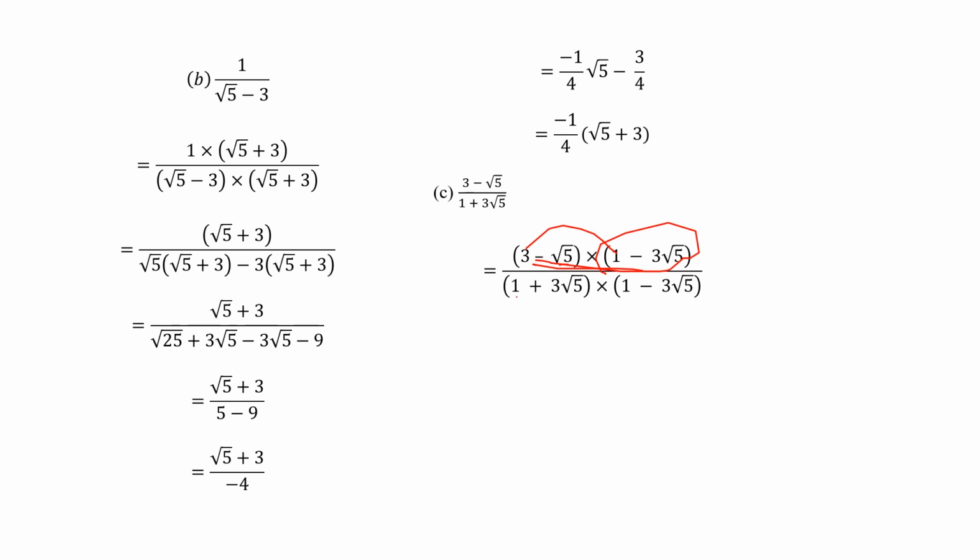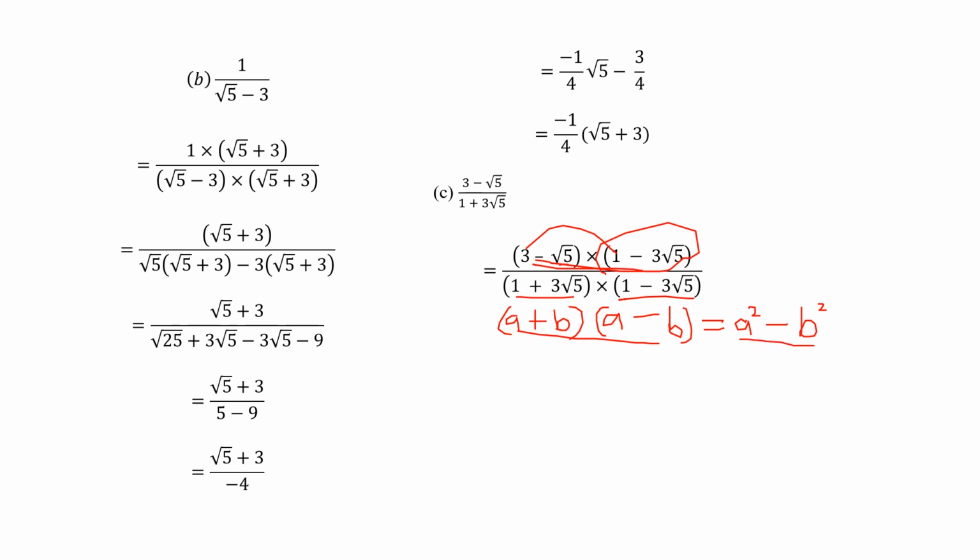Now when you look at the denominator there, we are seeing that we are having a factorization of difference of two squares. Remember in O level we had something like that. That's the factorization of a difference of two squares, and the difference of two squares is this one here.